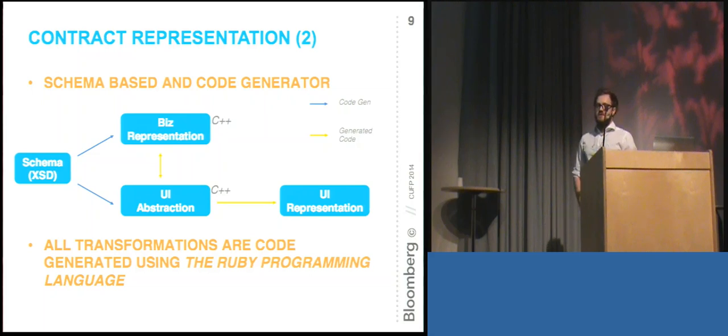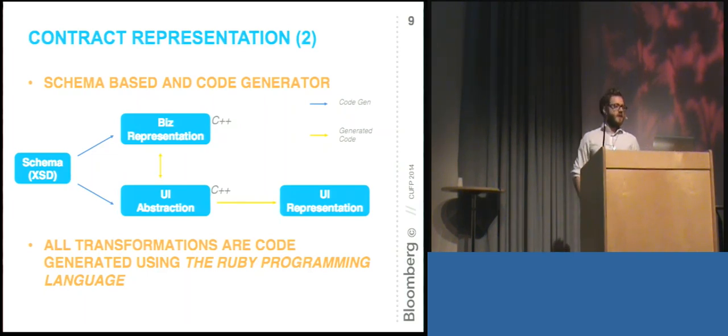And then we're going to use code generation techniques to generate the different representations and the different mappings between them. And for this, we use Ruby, a little bit in a functional way, but not that much. And okay, that worked well, actually.